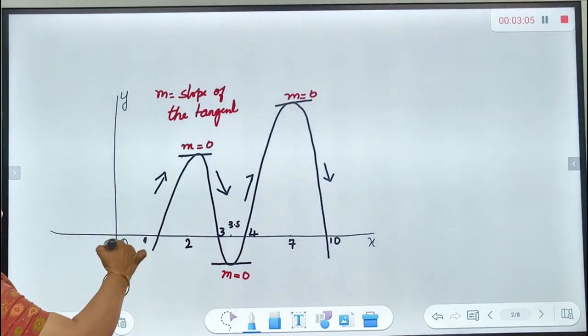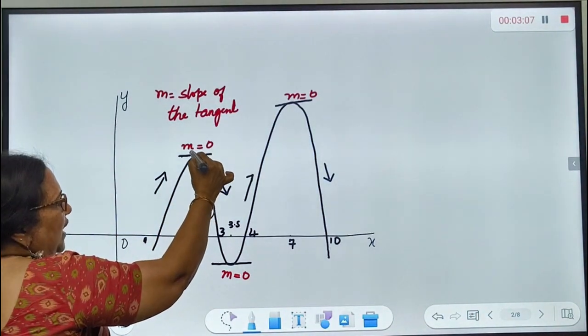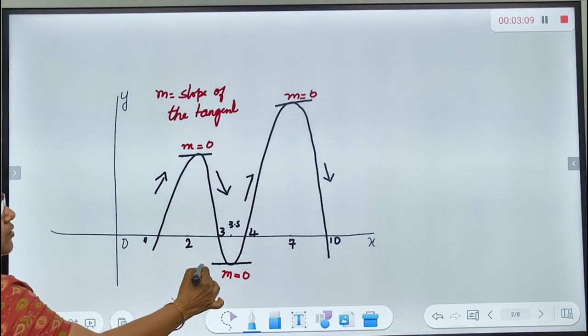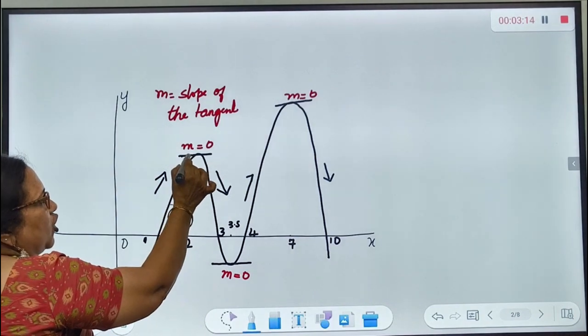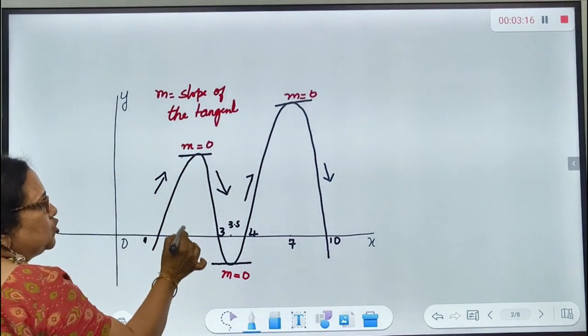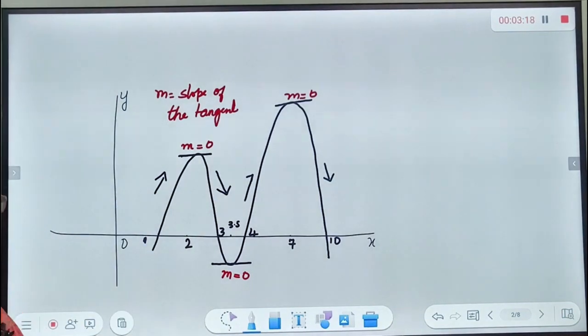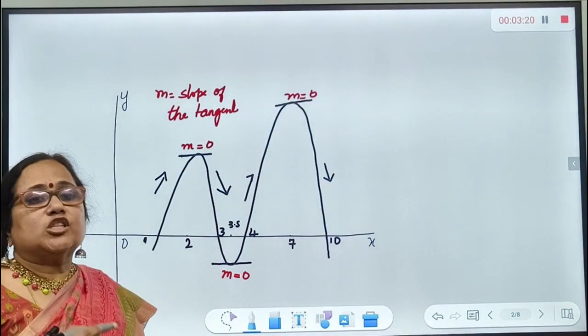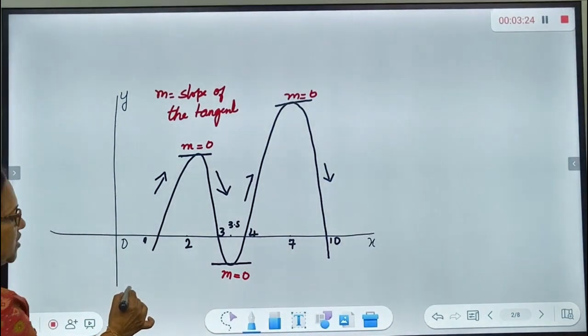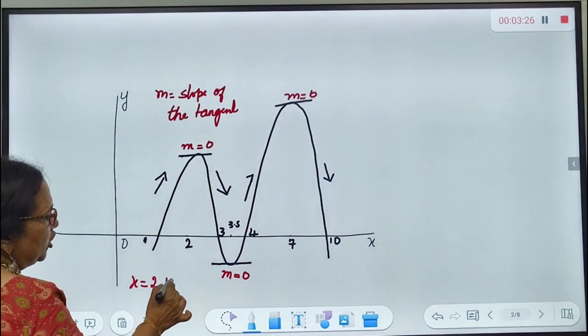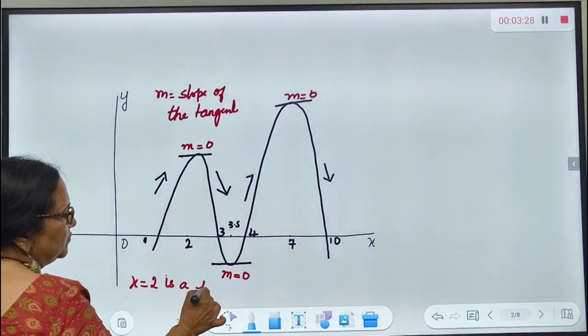Okay, now if a function is increasing and then decreases, then at 2 is the point where, if I draw a horizontal tangent to the curve when x is 2, the slope of the horizontal tangent is 0. Then we say x equal to 2 is a point of local maxima.